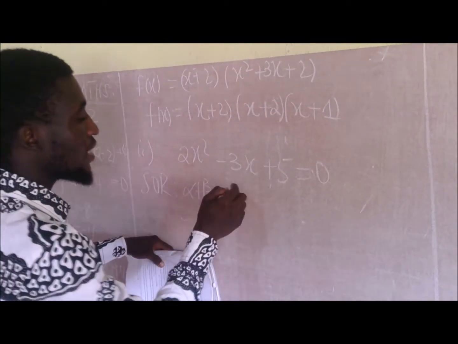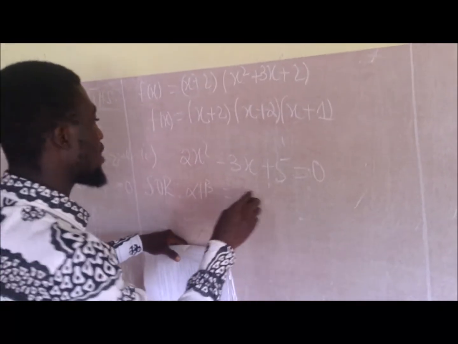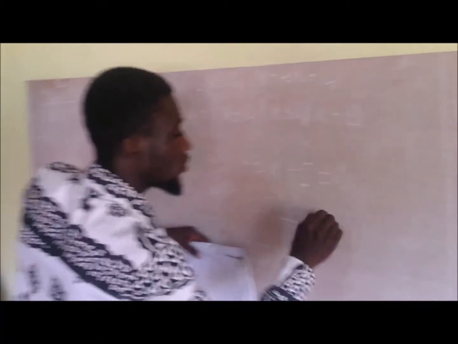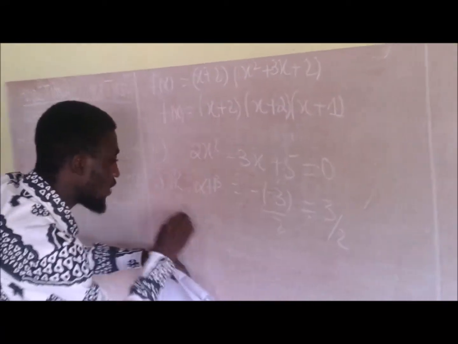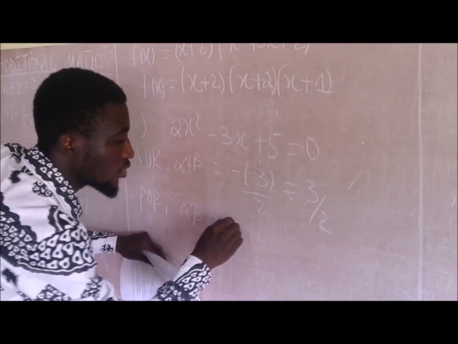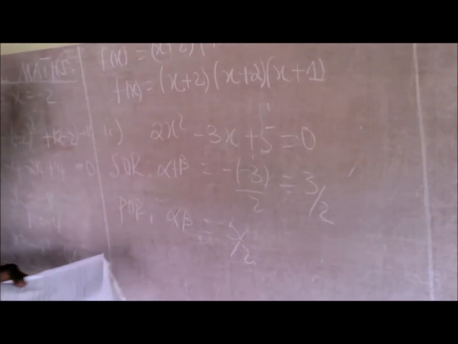Here b is represented by negative 3, and a is 2, and c is represented by 5. So we're going to have negative of negative 3 on 2, giving us 3 on 2. And we're going to have the product of roots, POR. We're going to have alpha beta equals c on a, which is just 5 on 2. So that's the value of alpha plus beta and alpha beta.